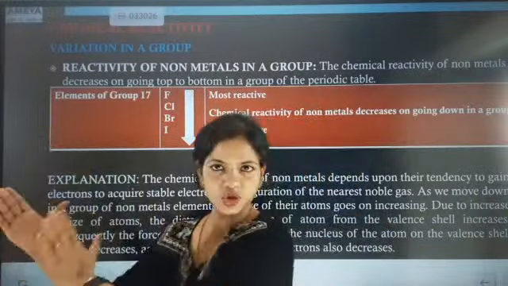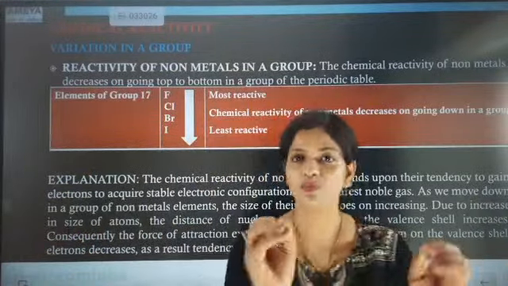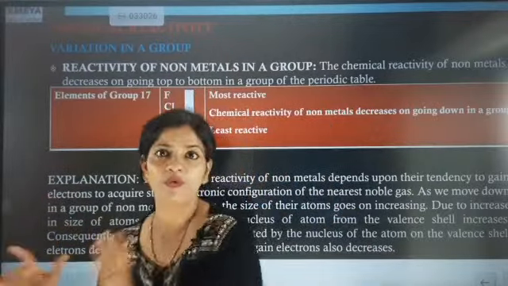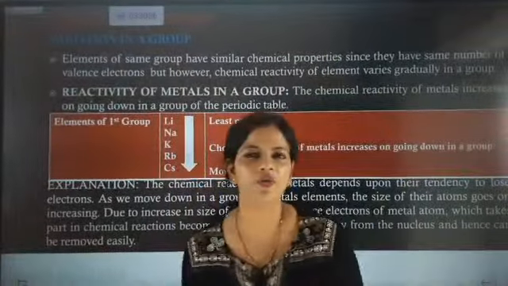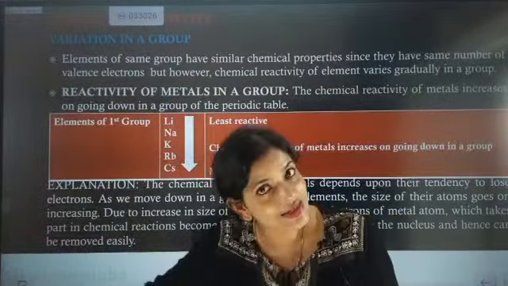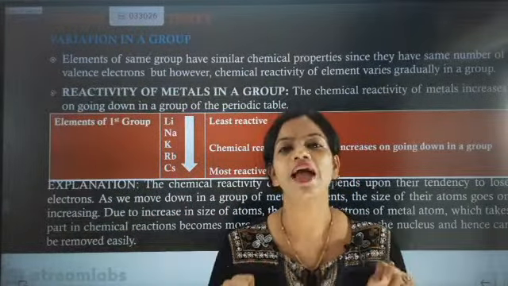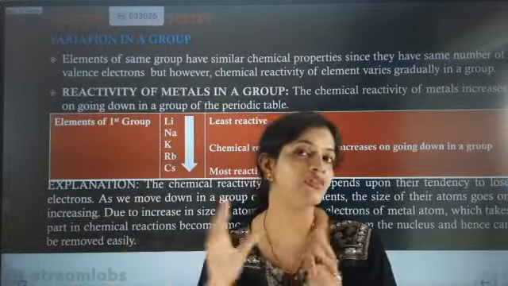So the first group and group 17 are the most reactive. In group number 1, they are releasing one electron, and they are very reactive. They release an electron and they are reactive.